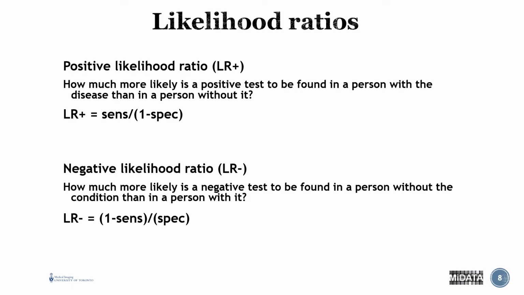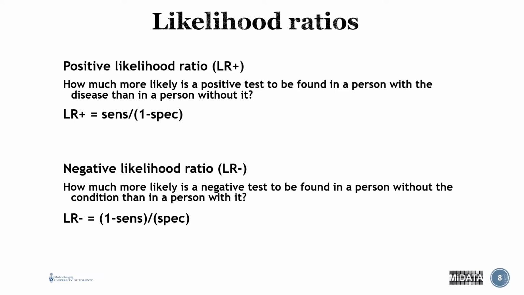So though we've talked about likelihood ratios a fair amount so far, we may not have talked about how we express them in medicine. A positive likelihood ratio can be expressed as how much more likely is a positive test to be found in a person with the disease than in a person without it.